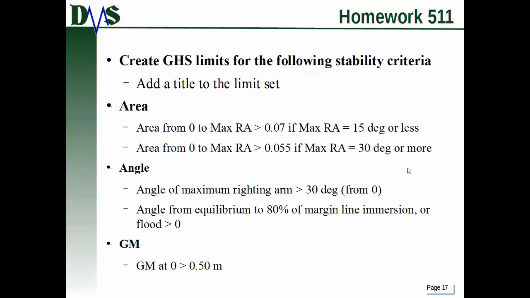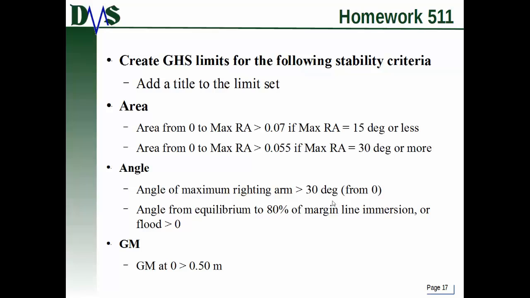Go back to the part on the area arms, or the area limits, because I told you that this is a very special case that GHS handles pretty nicely. Now, some angle limits. Angle limits are your bread and butter. Almost anything can be defined as an angle limit. So I would like you to specify a limit that the angle of the maximum righting arm has to be greater than 30 degrees.